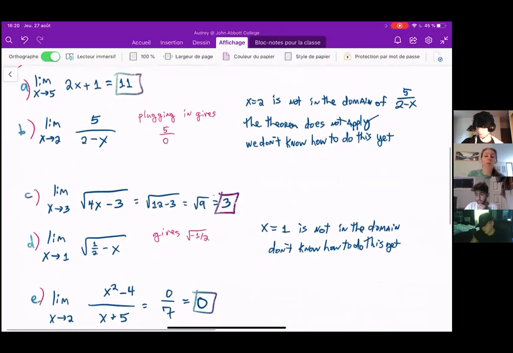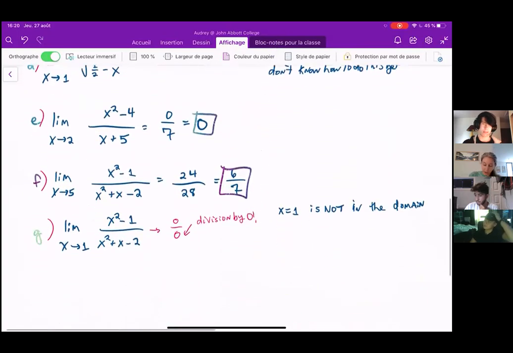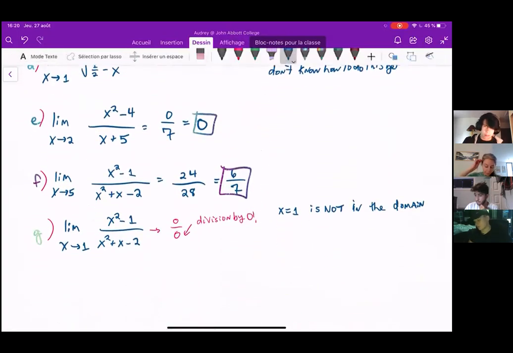In other words, the only way for it to give infinity is if the value is not in the domain, because remember, infinity doesn't exist. So we'll deal with that later. Or if we have the limit as x approaches infinity, which we're not really looking at right now. Does that answer your question? Okay, so x equals 1 is not in the domain. We don't know how to do this yet.